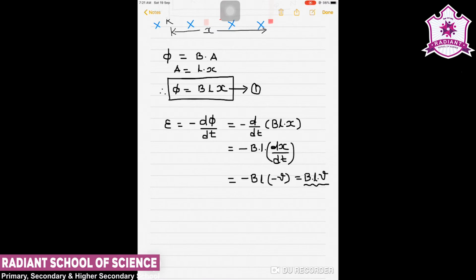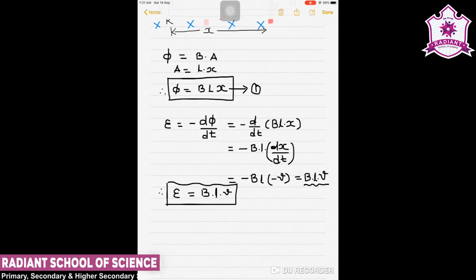So we can simply say that the motional EMF E is equal to BLv. Here it is interesting to see that we have derived this equation without any battery or any electrical circuit.